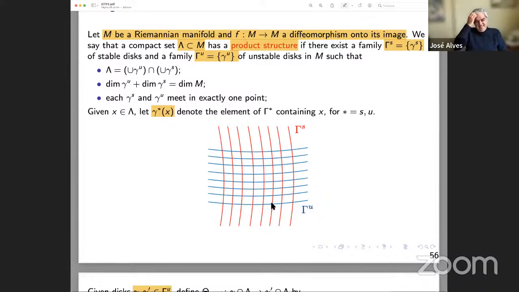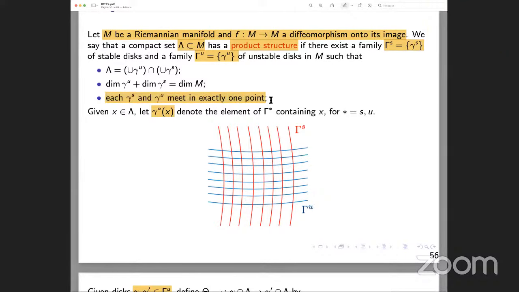Maybe I didn't give sufficient emphasis to this property: each stable disk intersects an unstable disk in exactly one point. This is the product structure for a hyperbolic set, and it doesn't happen globally in the hyperbolic set, so that is just a local product structure.